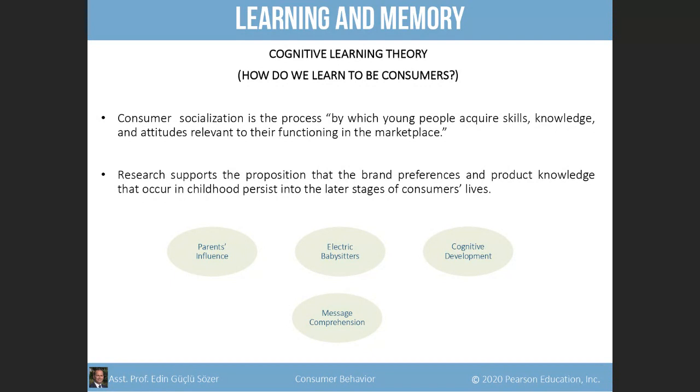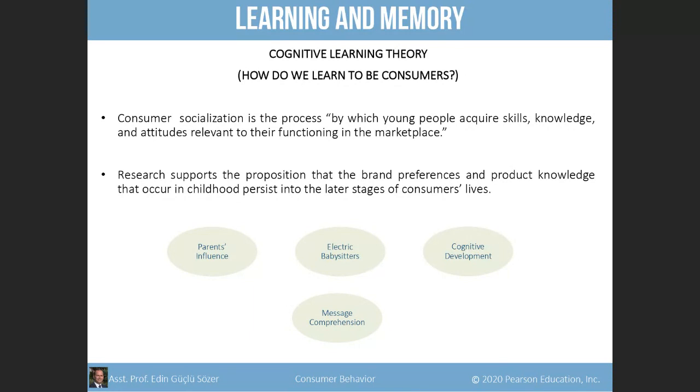We are not conscious about what we are doing. So this is why we need to pass through a process called the consumer socialization process, which means that we learn how to become a consumer, and our consumer personality, consumer characteristics are created based on our experiences.